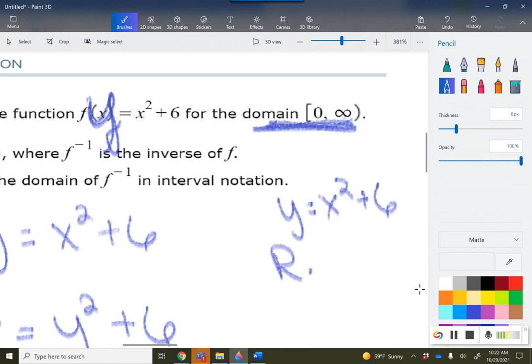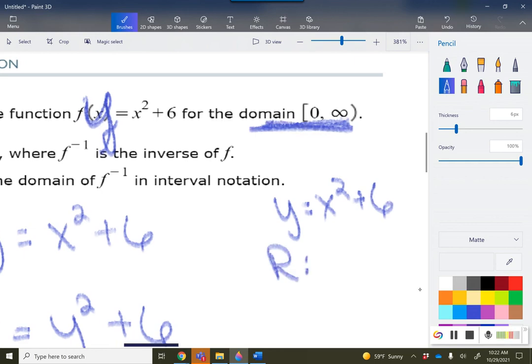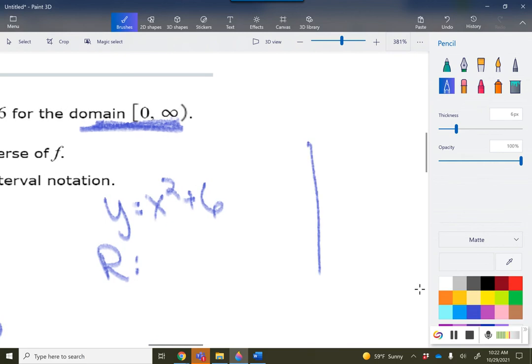But I want to find the range. The graph of y equals x squared plus 6 is a parabola that has been shifted up 6 units. So my range is going to start at 6 and go up.